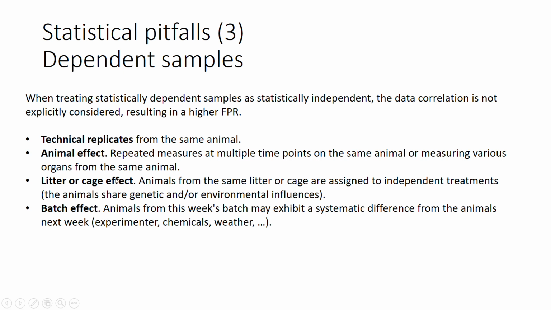Animals there share genetics or environmental influences, so they should be blocks too. We have a batch effect, which is some other kind of blocking in which the animals or the measurements from a given week may have systematic differences from other weeks, because of the experimental conditions, because of the chemicals, because of the weather. All these are blocks for which I can try to estimate their contribution to the final observations.